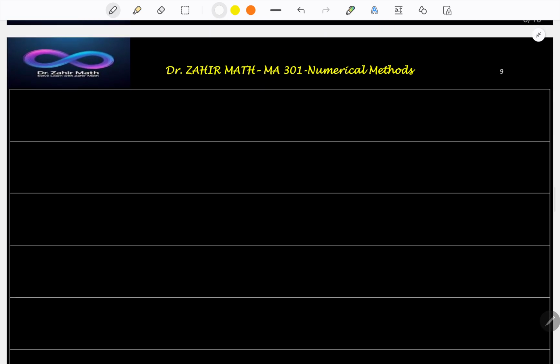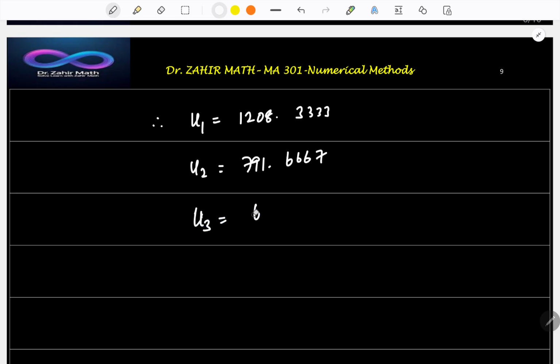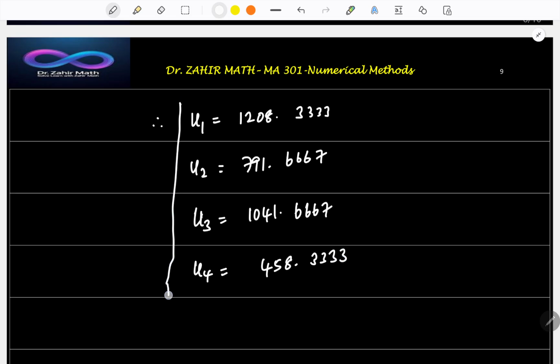Therefore, finally your temperature functions are: U1 is 1208.3333, U2 equals 791.6667, U3 is equal to 1041.6667, and U4 is equal to 458.3333. So these are the 4 values of U1, U2, U3, and U4.